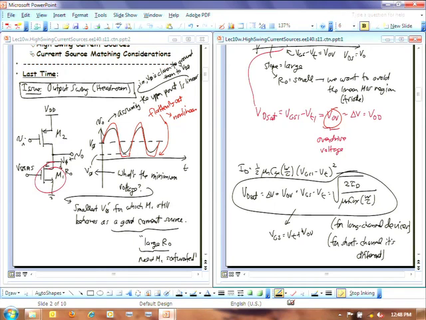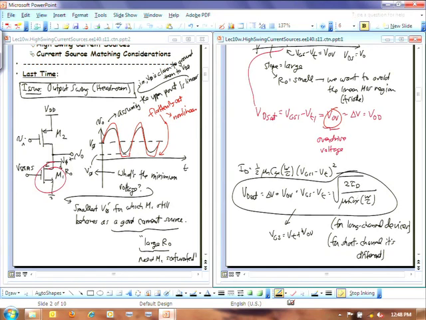And so in this case, VGS minus VT, which equals our overdrive voltage, equals, just rearranging the current equation for the transistor, the square root of the quantity 2 times ID divided by mu n C ox times W over L. Okay?